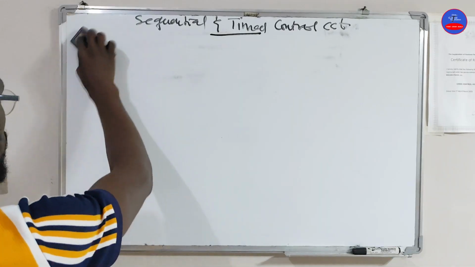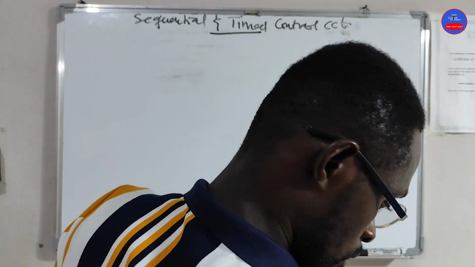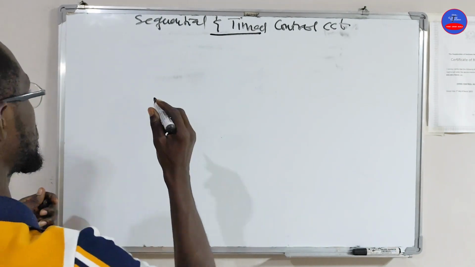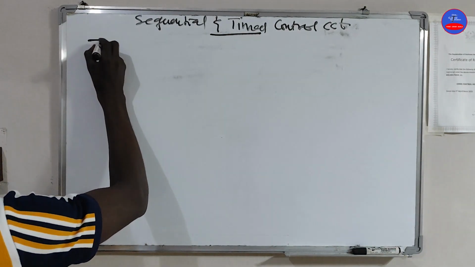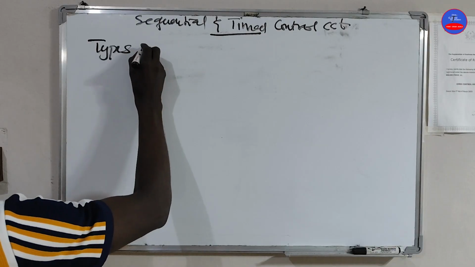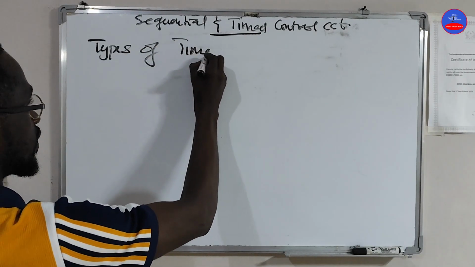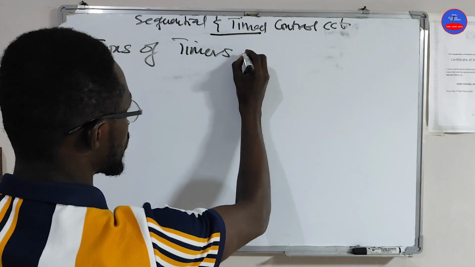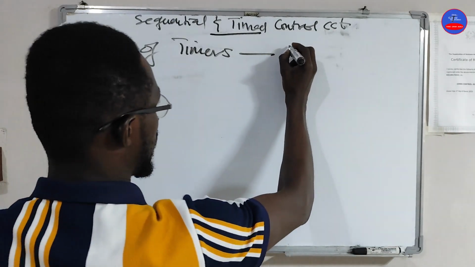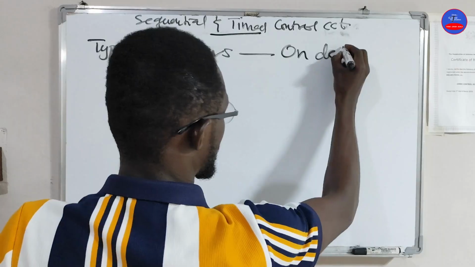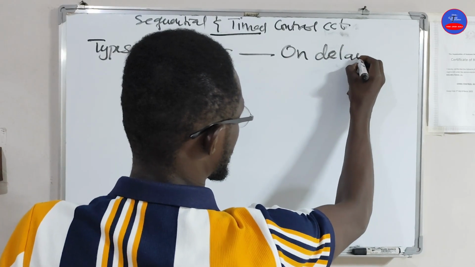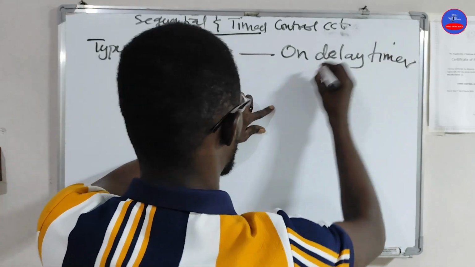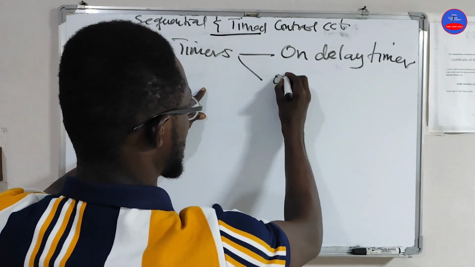So we are going to do the timing first. We have types of timers. We have the on-delay timer, and then the off-delay timer.